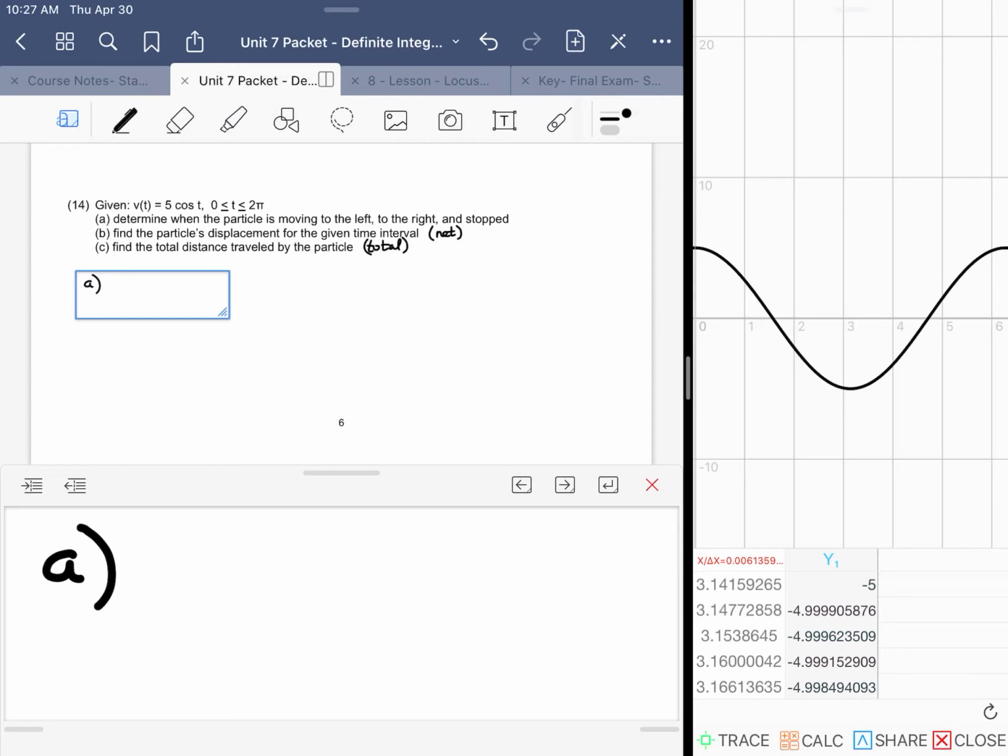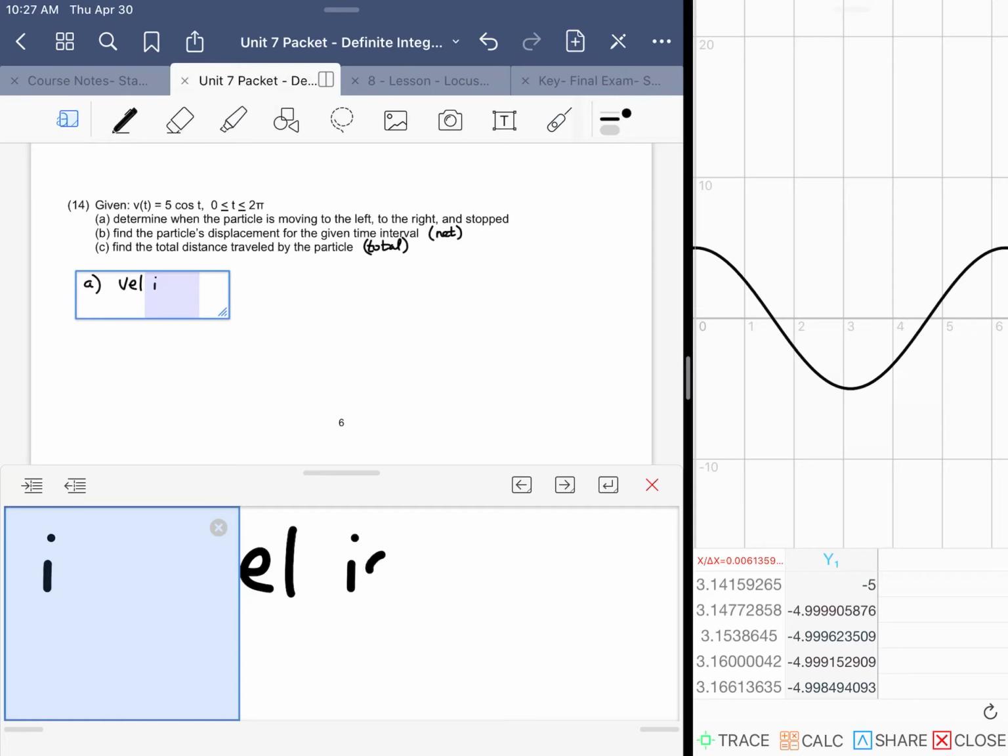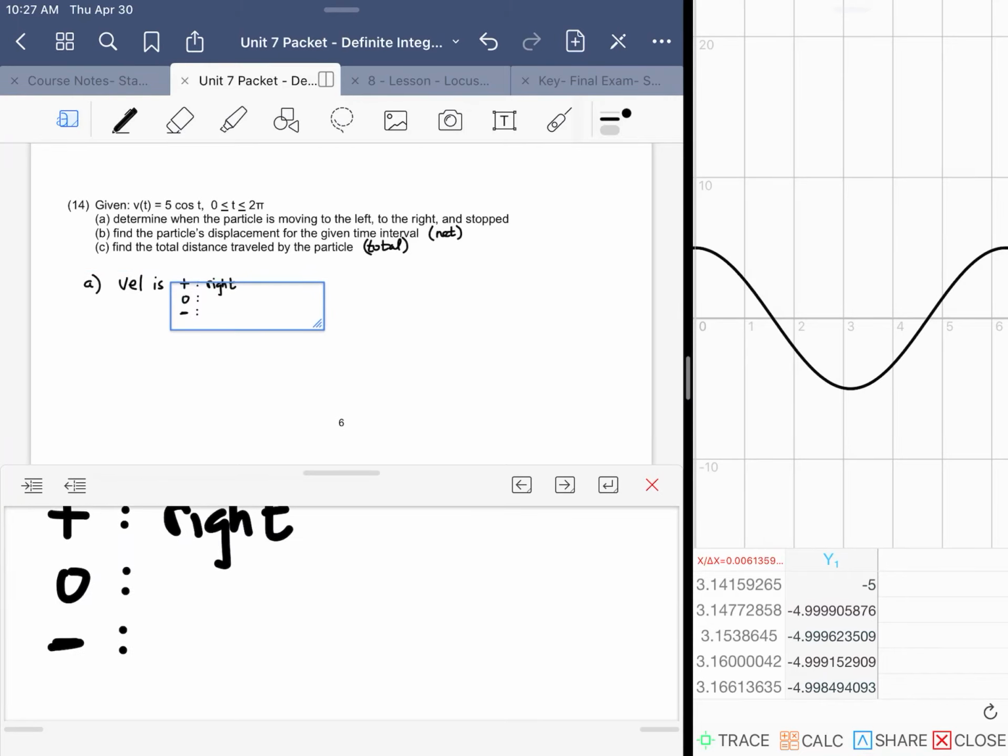So determine when the particle is moving to the left, to the right, and stopped. If it's only moving to the left and to the right, and that's the assumption that we have to make here, velocity is either going to be positive, 0, or negative.